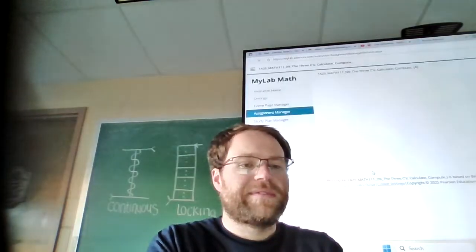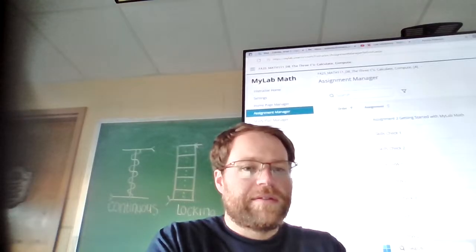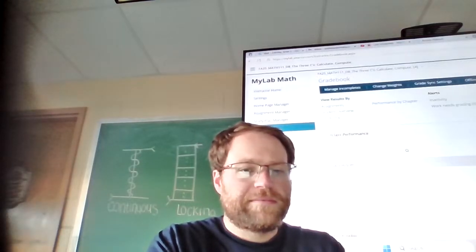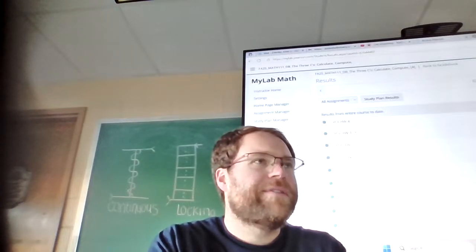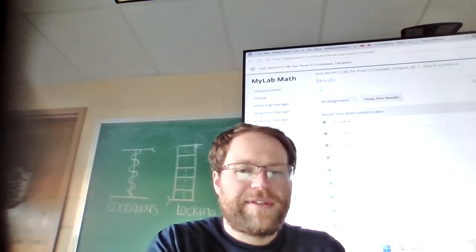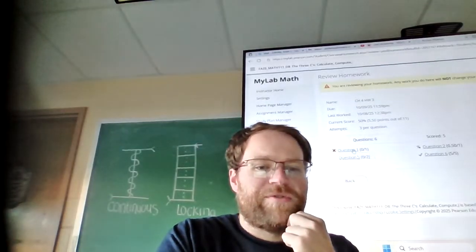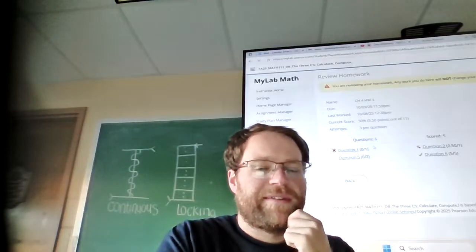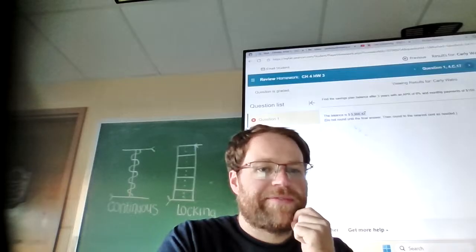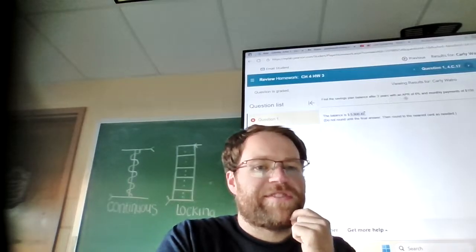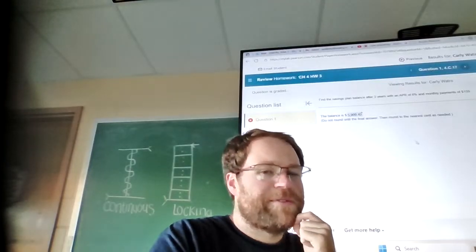Every time I calculate it, my answer is wrong. In 3 or 4? 3? Okay. Yeah. So if it helps, I'll just pull one of them up here. Let's do this one here. Find the savings plan balance after 3 years with an APR of 6% and monthly payments of $150.